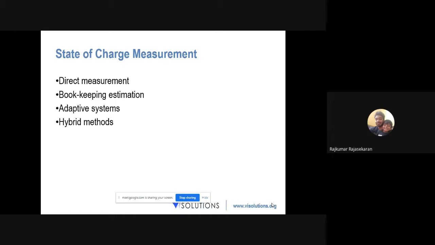So your neural network, or whatever algorithm you use, should be capable of finding the relationship between input and output and creating a model. Then you use that model to estimate the current percentage, or state of charge.